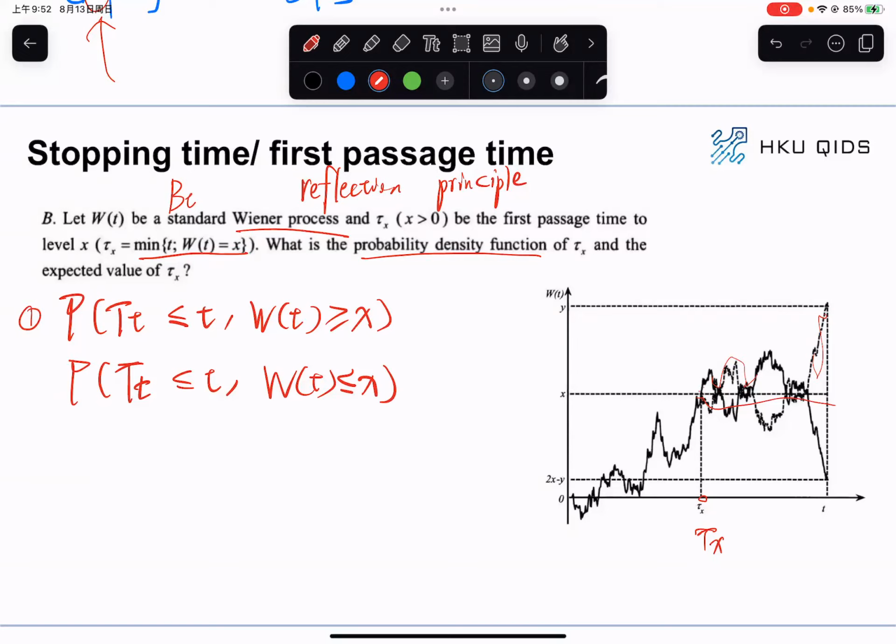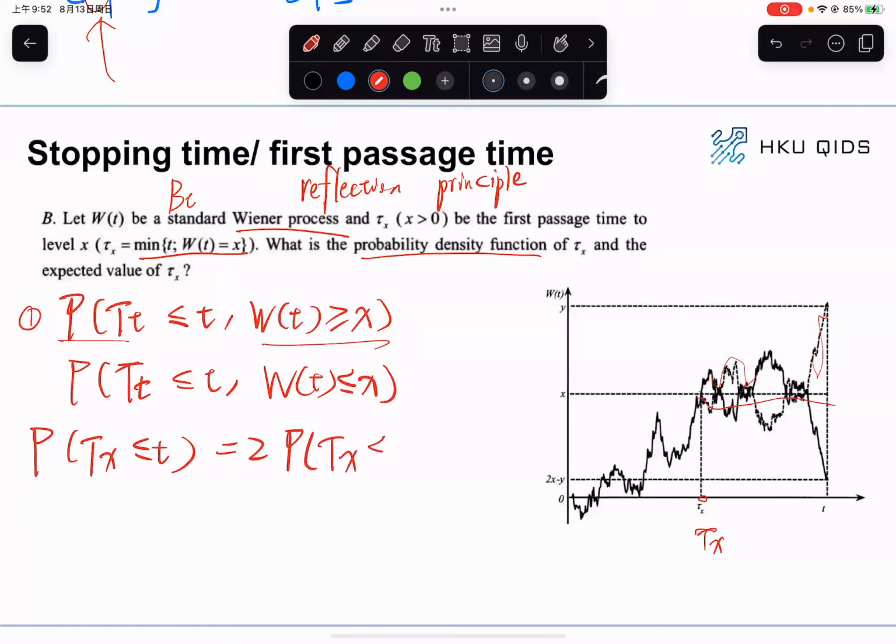But by symmetry, if we have one probability that W_t could be larger than x, then we can have another one where W_t is also smaller than x, okay? So we are going to have both paths here, and these two are the same. So we can just denote the probability tau_x smaller than t as 2 times the probability tau_x smaller than t and W_t larger than or equal to x, which is just 2 times the probability W_t larger than x.